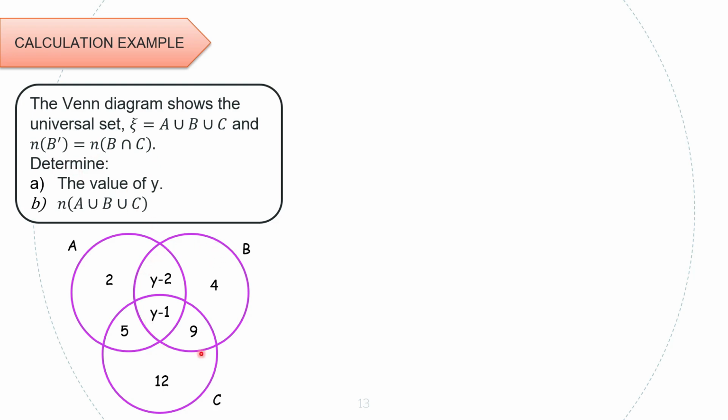This is set B, the right circle. But it says the complement of set B, so the complement of set B is this part and this part. It says that this is equal to the number of elements in B intersect C, which is this part, y minus 1 and 9. This is the number of elements, not the elements themselves. Why do I say this is not an element? Because if this were an element, it would have a small dot in front of it. But in this Venn diagram, there are no small dots in front of these numbers, so these are not elements.